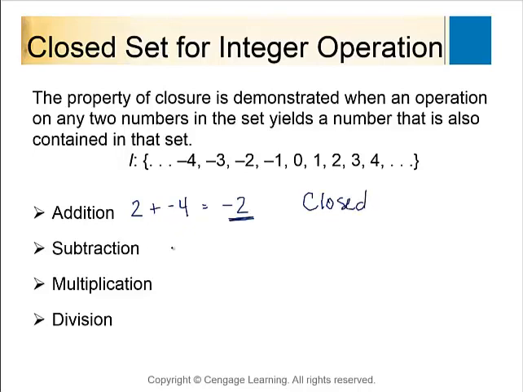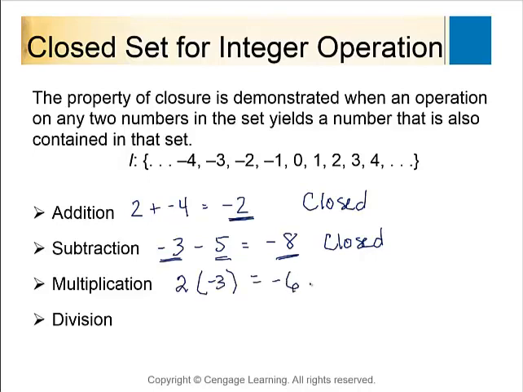Subtraction, if I take any two numbers such as -3 minus 5, that answer is -8. Now notice that -3 and 5 are both in the set of integers. Is that answer also going to be in the set of integers? And yes, it is. So subtraction is closed. Multiplication, take any two numbers such as 2 times -3. That answer is -6.